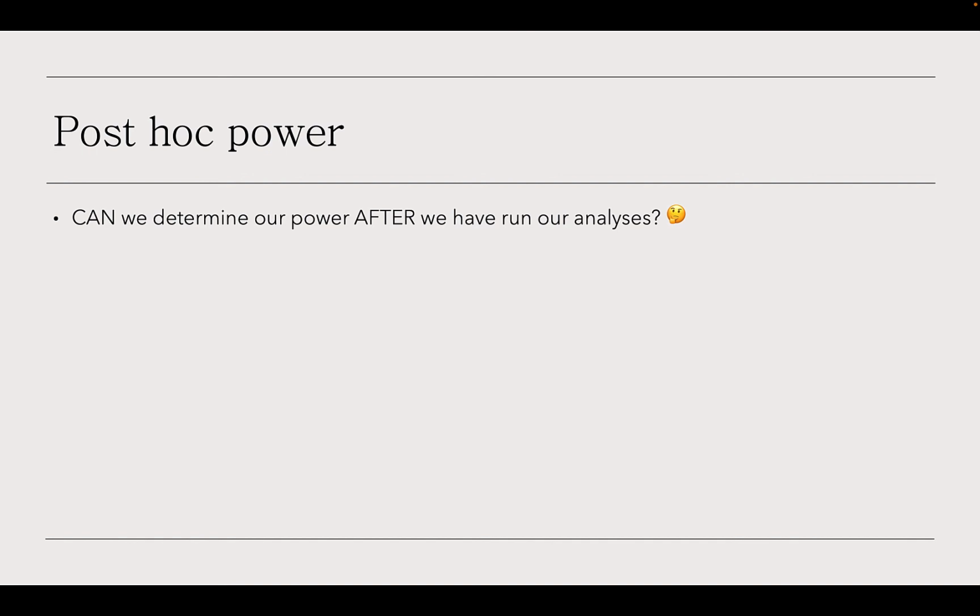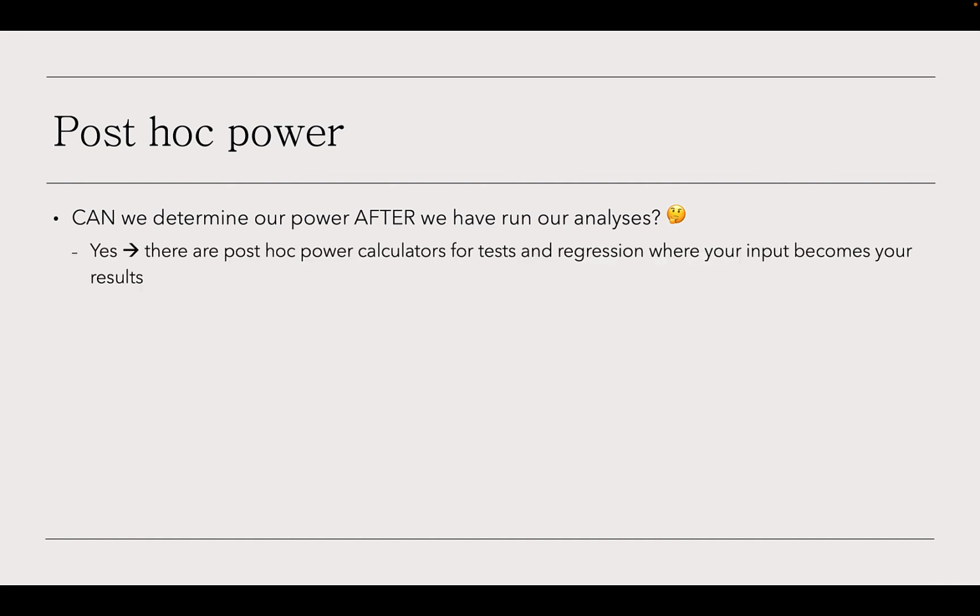All right. Now, sometimes you'll hear about post hoc power, and every once in a while you'll get a reviewer who asks you to run a post hoc power analysis, in particular if you have non-significant results. So let's go through this. Can we determine our power after we run our analyses? Yes.